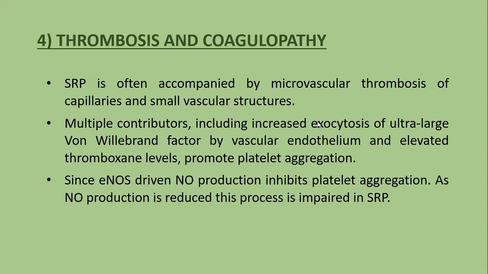The fourth and last factor is thrombosis and coagulopathy. Secondary Raynaud's phenomenon is often accompanied by microvascular thrombosis of capillaries and small vascular structures. Multiple contributors include increased exocytosis of ultra-large von Willebrand factor by the vascular endothelium and elevated thromboxane levels, which both promote platelet aggregation.